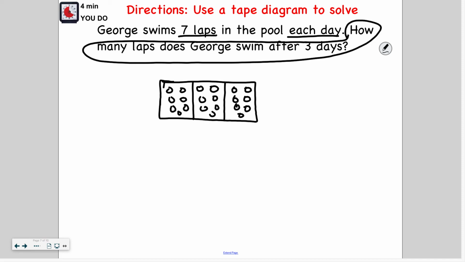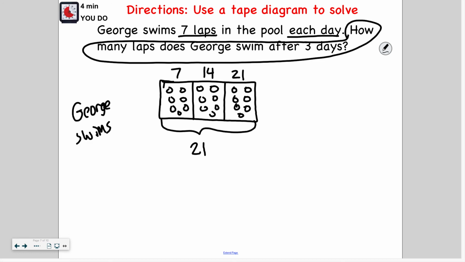I can skip count by 7 to see how much that is. 7, 14, 21. So our total is 21. George swims 21 laps.